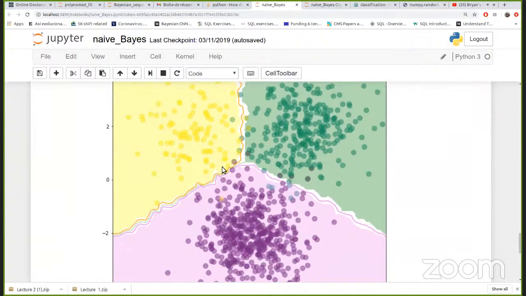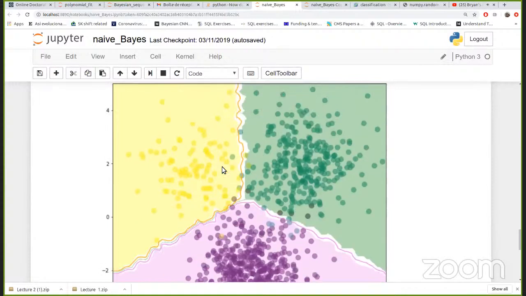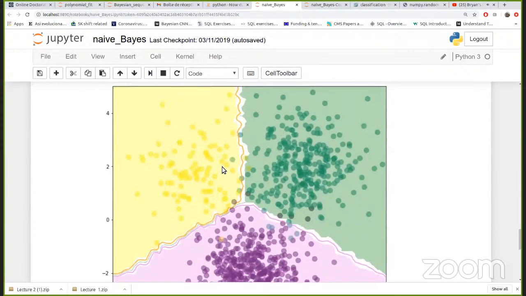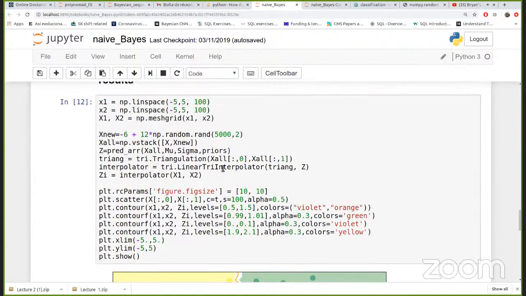So note that this is a very powerful method, and it's not computationally expensive, in the sense that I haven't optimized anything numerically, like in the case of a neural network, for example. I haven't done anything like that.